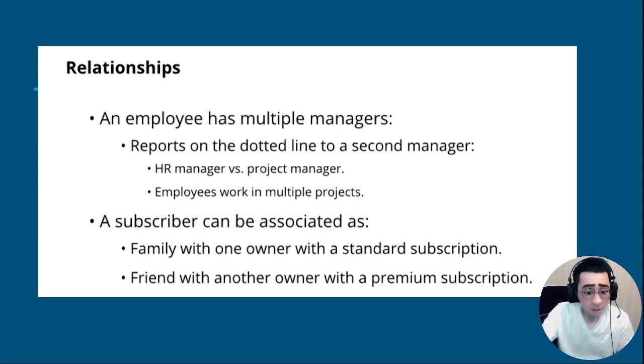In another example, Spotify, when you add members to your subscription, they want them to be family members only, not friends. So when you add somebody to your Spotify subscription, if you have a family subscription, that's one of the subscription models they have.